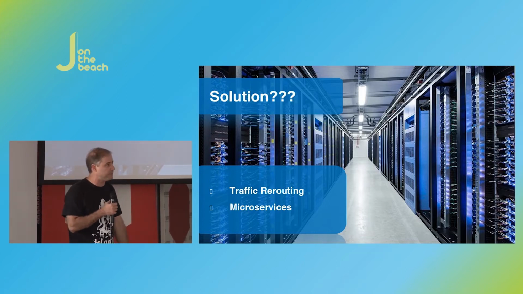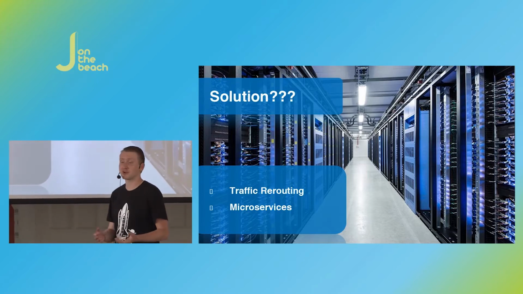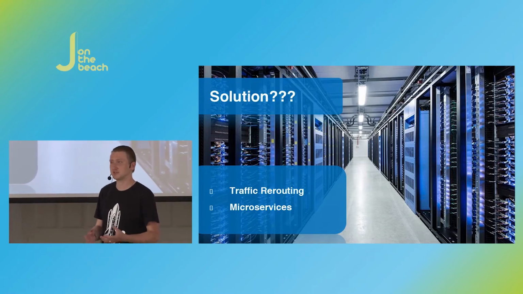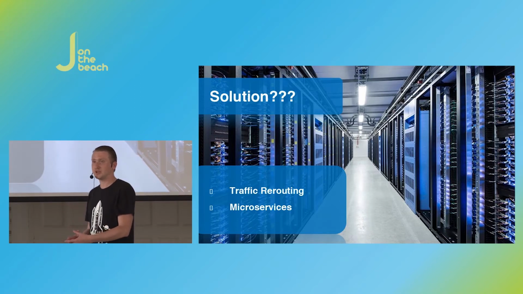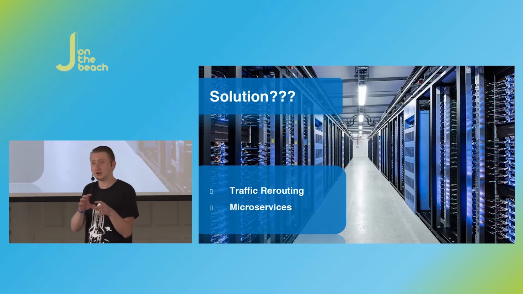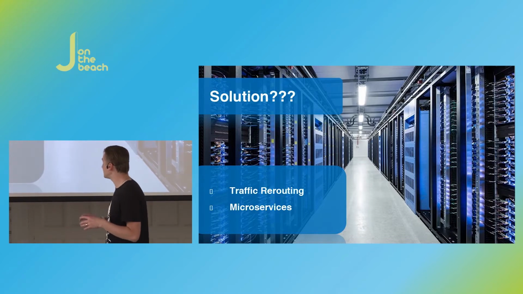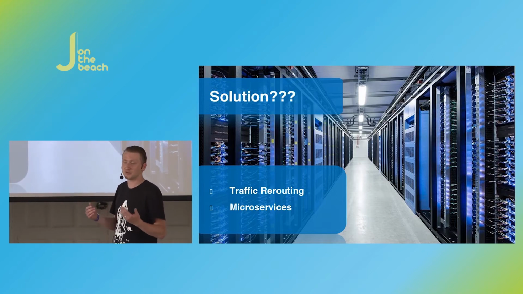But the bad thing is that it requires time and hardware. You need spare hardware to spin up new virtual machines or containers. You need time to do this, and you need to be sure that your data is consistent with the one that is going to be down. That requires extra effort, so it's not a perfect solution.